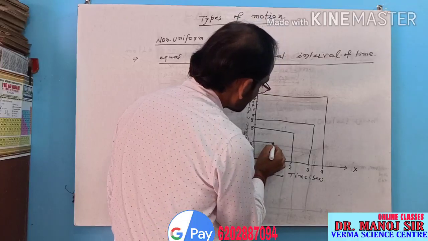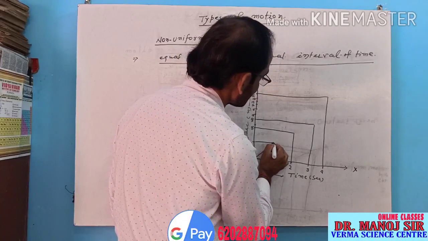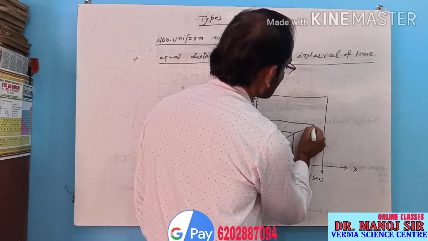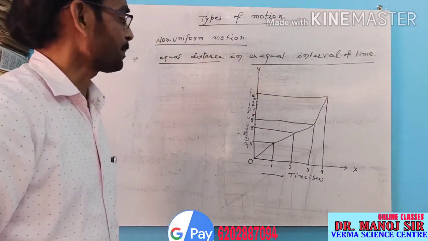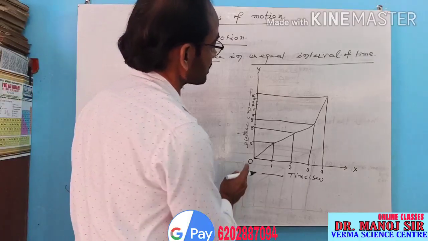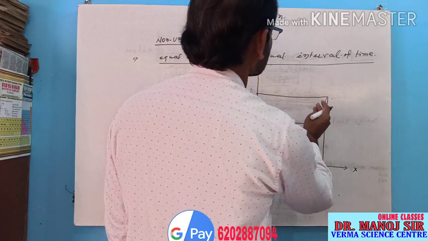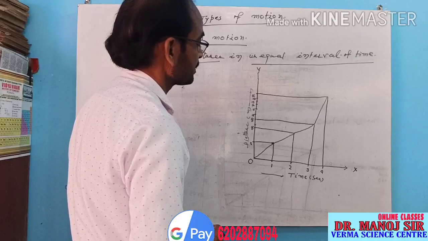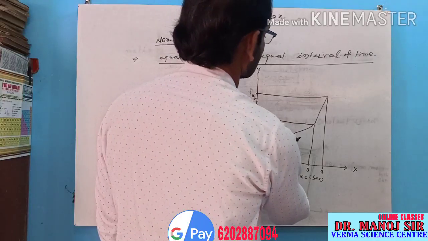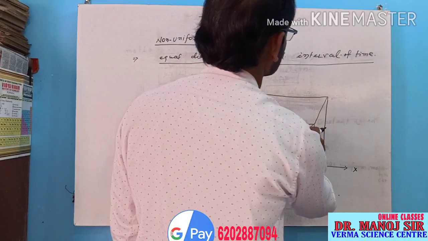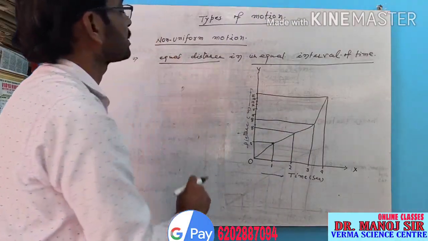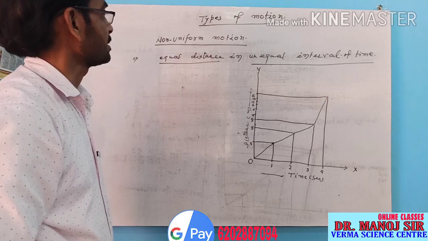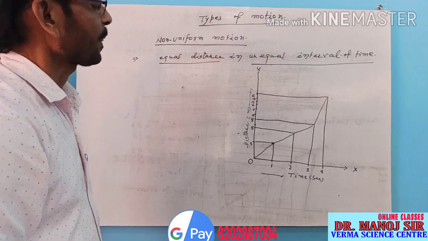Now if we join from the origin, the traveling path of the car is not a straight line, it is curved at the maximum point. It denotes that the motion of the car is non-uniform and so on.